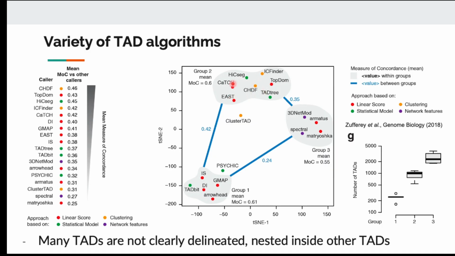Some algorithms make the same decision. They might have the same assumption, they may have similar algorithms. But some other algorithms are also performing equally well, but they produce different locations of the TAD. And you might wonder, how can we have equally good predictions, but different predictions?